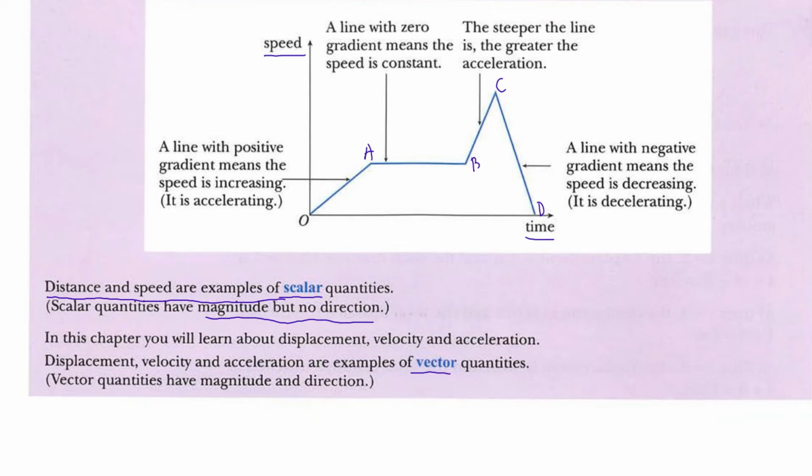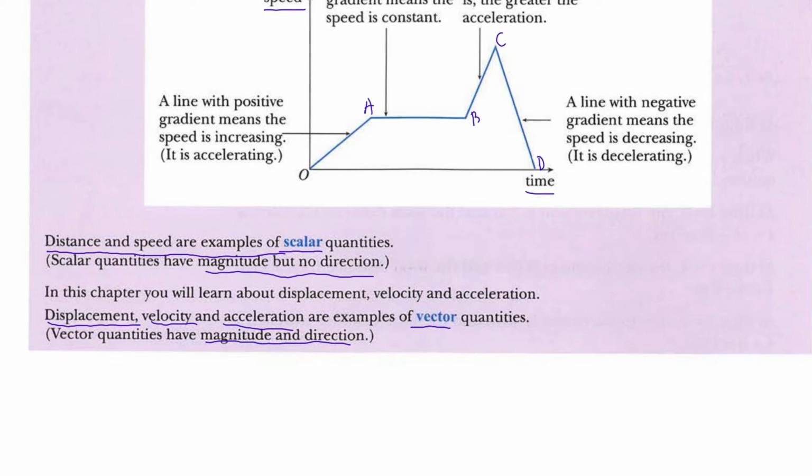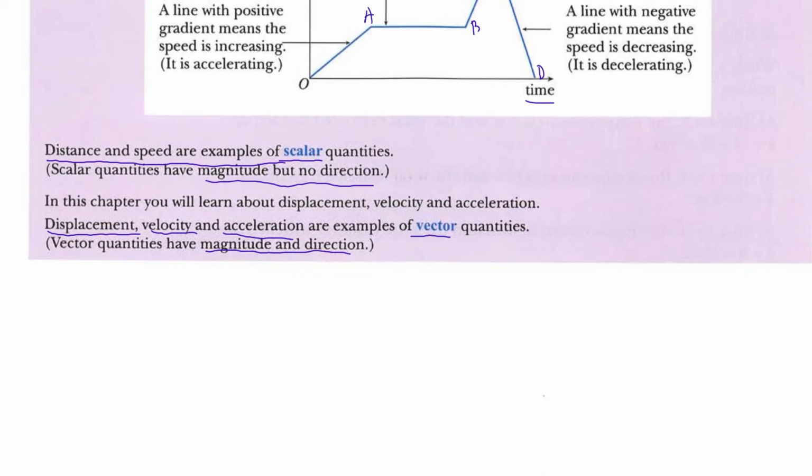In this book, we are going to discuss displacement, velocity and acceleration, which are examples of vector quantities. Vector quantities have magnitude and direction. This is the difference between scalar and vector, because we need to apply both here. Especially while differentiating, we go from displacement to velocity to acceleration.